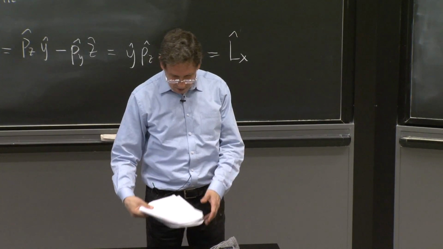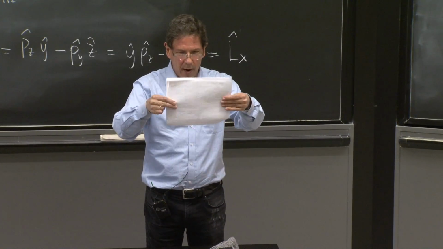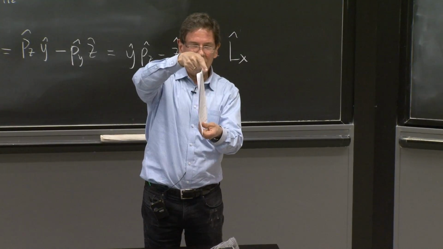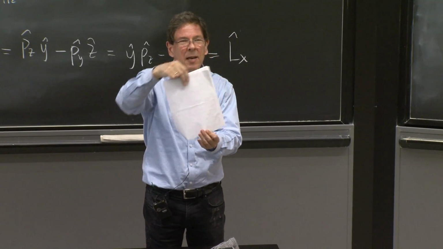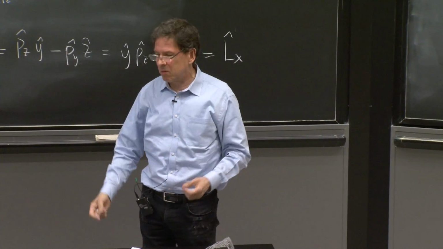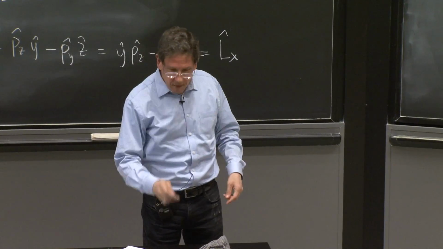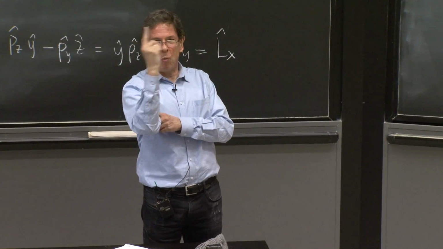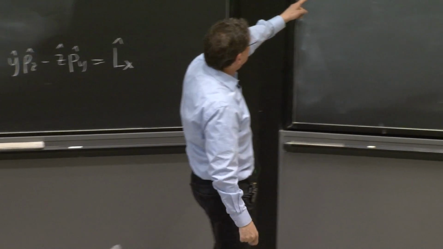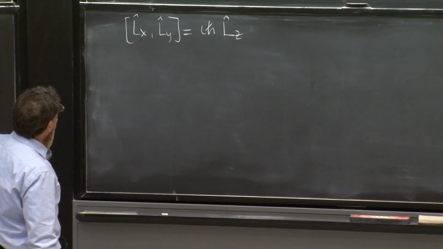Everybody knows if you have a page and you do one rotation and then the other, as opposed to the other and then the first one, you don't get the same thing. Rotations do not commute. A single rotation does commute in one direction, but rotations in different directions don't commute. That is the reason for this equation.